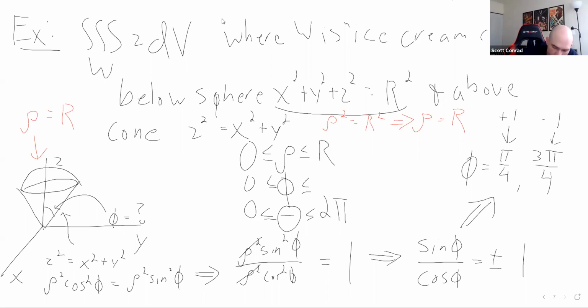Phi equals 3 pi over 4 is the other half of the cone, the bottom half, but we're not concerned with that bit of the cone.